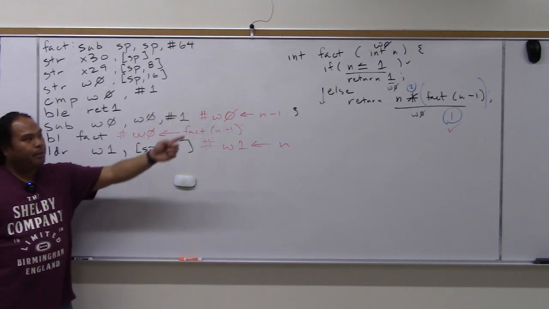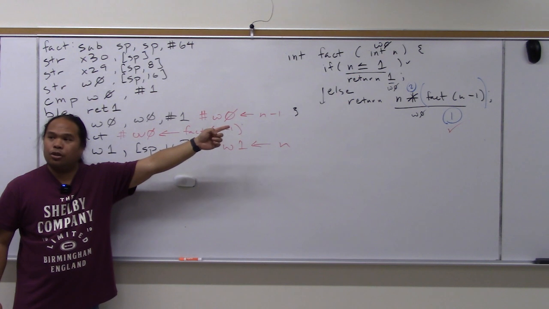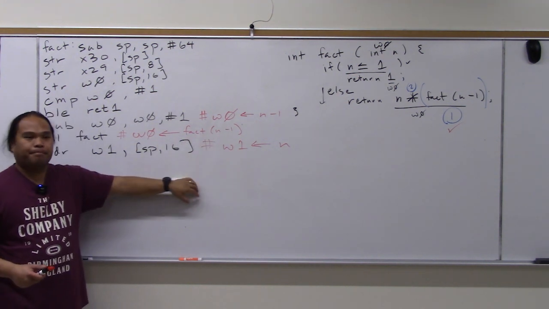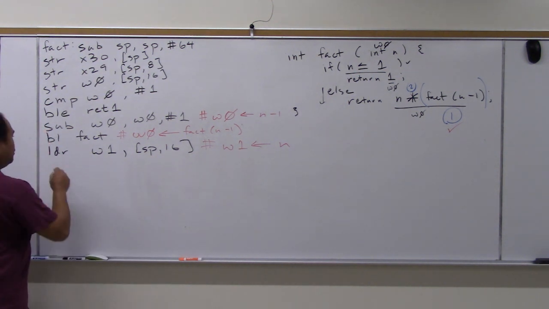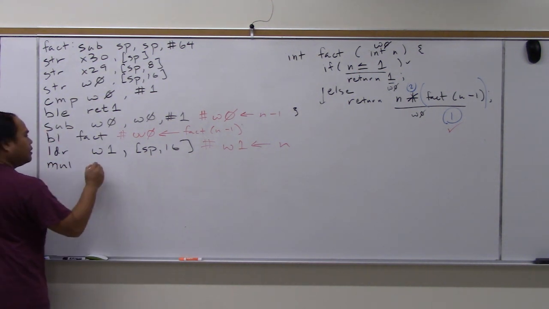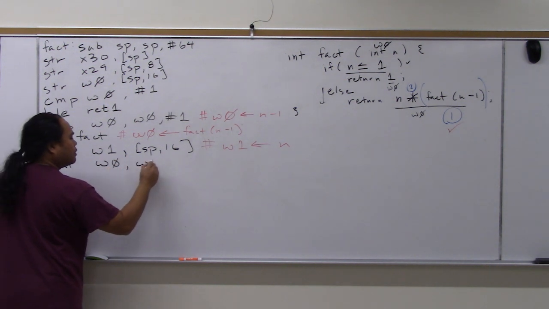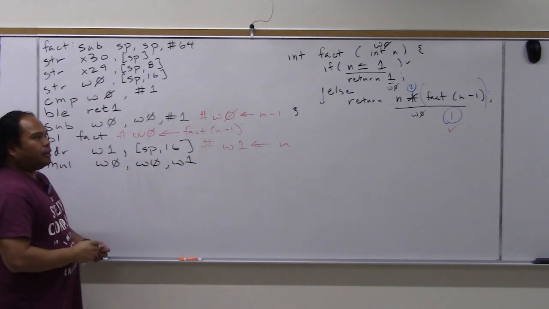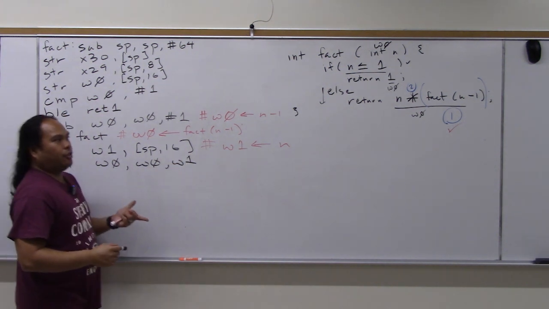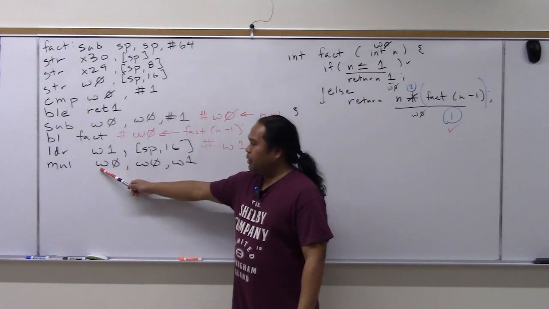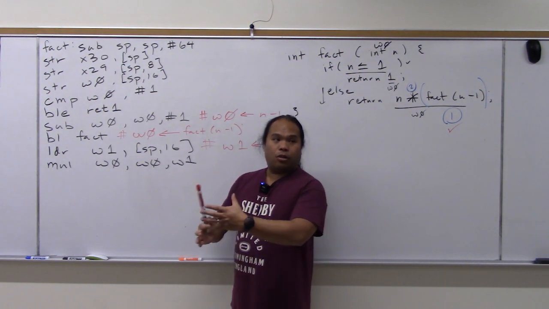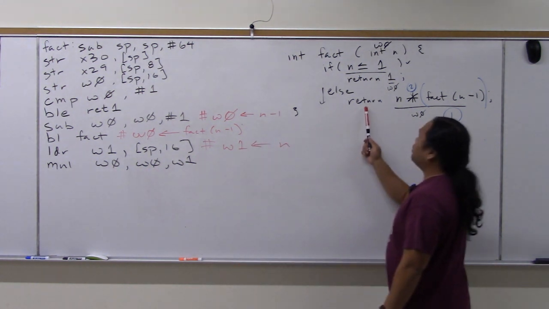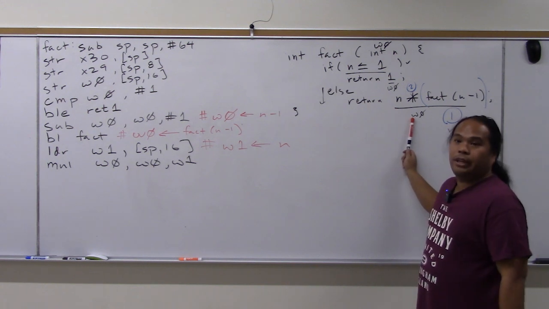So if I want to implement that expression on the return, I need to multiply W0 and W1 together. Okay? So we'll do that. Mo W0, W0, W1, and then what I'm going to do here is just leave it, actually, because I strategically chose W0 as the result, where I want to place the result of multiplying these two numbers together, because the concept of the return is that you place the result in W0.